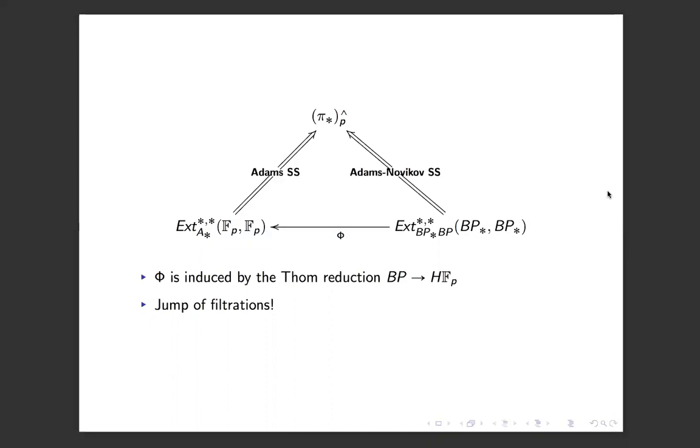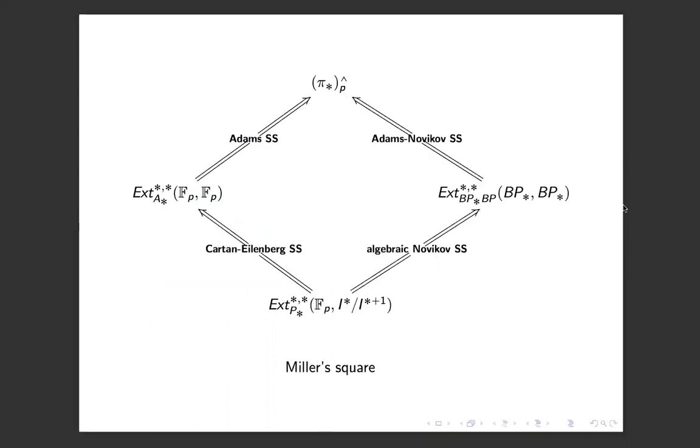Luckily, we have another connection, which is slightly more complicated, but it turns out to be very useful. Hood Miller, in his thesis, constructed a diagram of spectral sequences. Here is another gadget, Ext over some other Hopf algebroid, and it serves as the starting point of two other spectral sequences. One is the algebraic Novikov spectral sequence that comes from powers of the augmentation ideal of BP_*, and it converges to the Adams-Novikov E2 page.